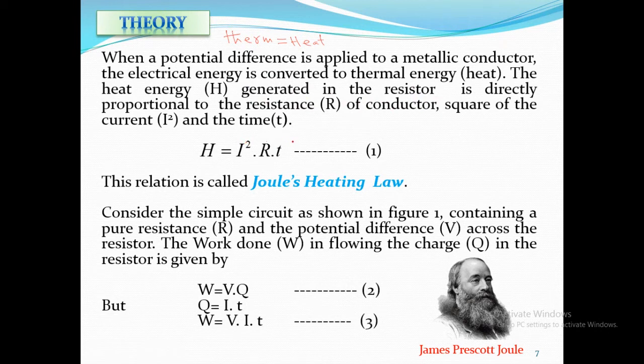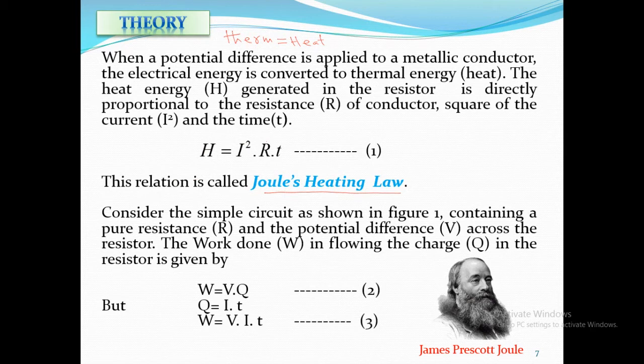If you have more time for heating, the heat generated will have a larger value. Similarly, if you increase the current, you'll have a greater amount of heat energy generated. This relationship is called Joule's heating law.